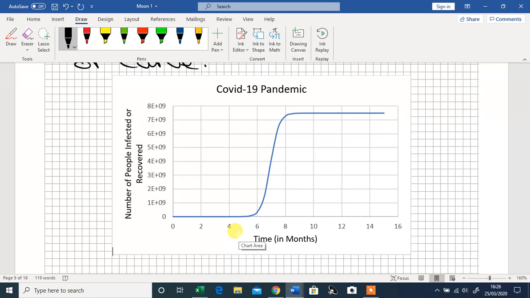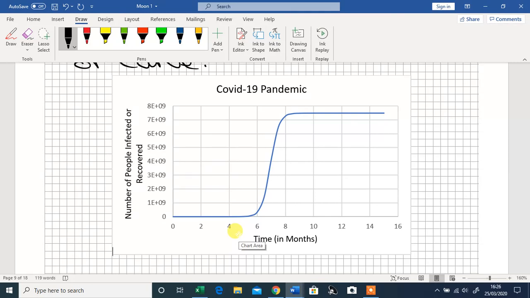In about another 4 months, March, April, May, June, July, we should hopefully be over the coronavirus, but don't quote me on that. It could be longer, it might be shorter, but that's what my mathematical model suggests.